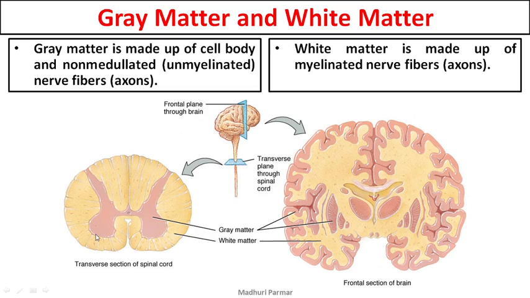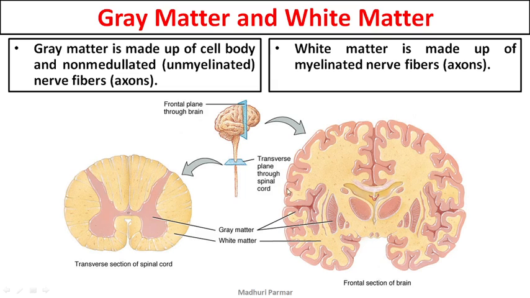Whatever you see in gray: this is a cross section of your spinal cord and this is a cross section of your brain. The outermost region, which is seen here in pink color, is known as gray matter. In the spinal cord, this H-shaped structure is made up of gray matter. Why is it gray?